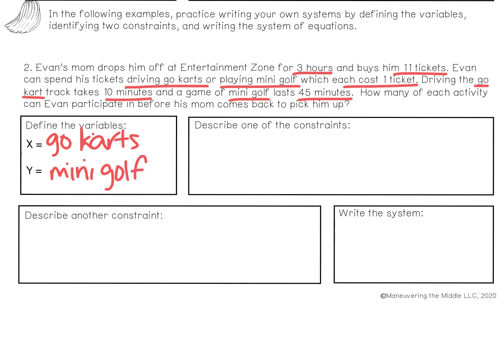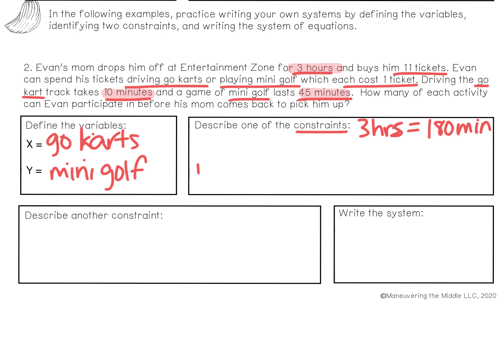So what is one of the constraints? Well, he only has 3 hours to be there. Now, I want you to notice that while we have hours for total, here we have minutes. So we're going to need to convert hours to minutes. Well, we know there's 60 minutes in an hour, so 60 times 3 is 180 minutes.